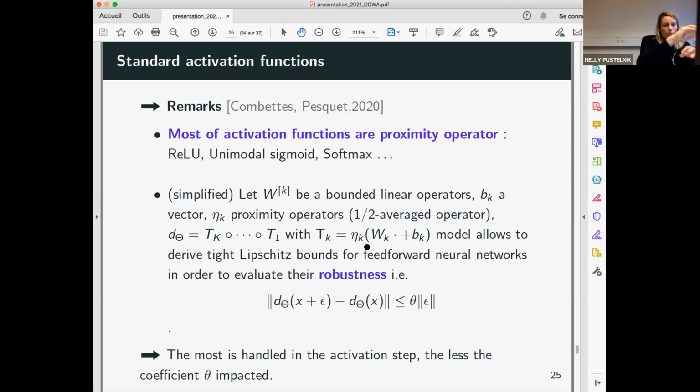We have some deblurring, then the proximity operator, but it's simpler, and so it fits this framework more easily. So computing this robustness bound is easier in our case. I think we can benefit from this theory related to alpha-averaged operators, which is the theory allowing you to show the convergence of most of the forward-backward and primal-dual algorithms, etc. So I think it's a way to guarantee some robustness on the network.